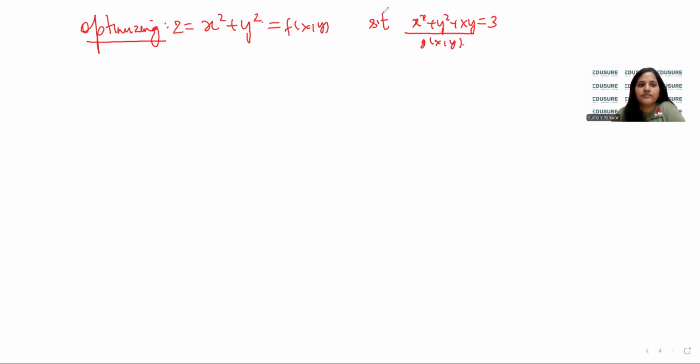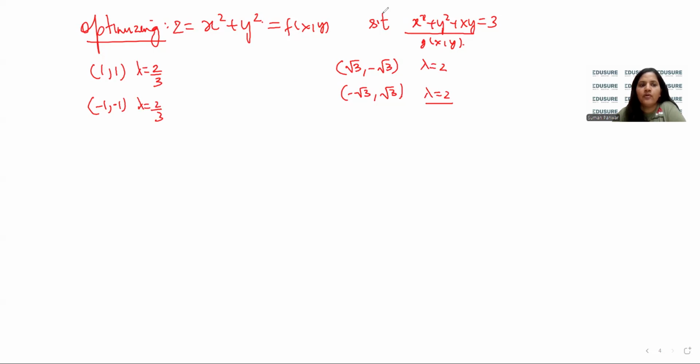One of the points was (1, 1), (-1, -1). Then one of the candidates was (root 3, -root 3) and (-root 3, root 3). Here the value of lambda was 2 by 3, and here the value of lambda was 2.